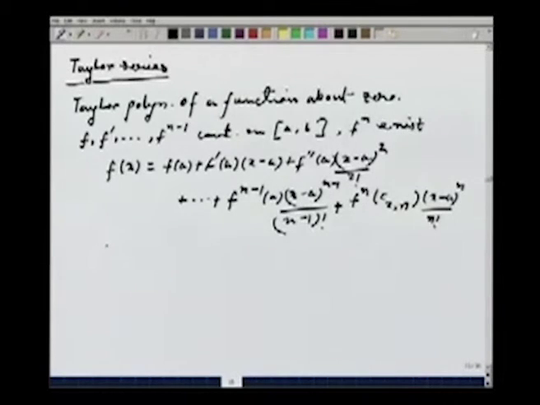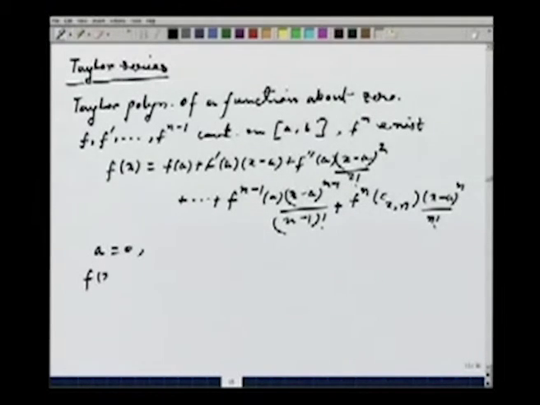So put a equal to 0. This is called the Maclaurin polynomial, or the Taylor polynomial for simplicity. In that case, I get f(x) equal to f(0) plus f prime(0) times x plus f double prime(0) times x square by factorial 2 and all that.